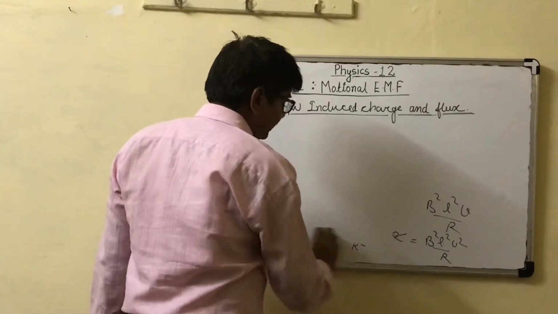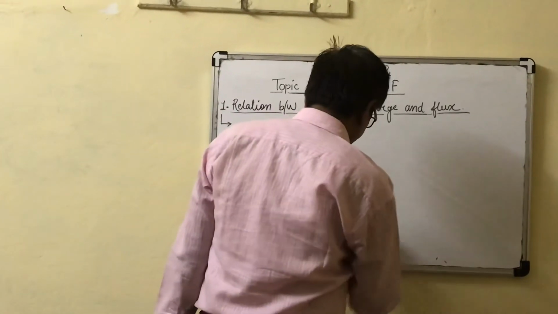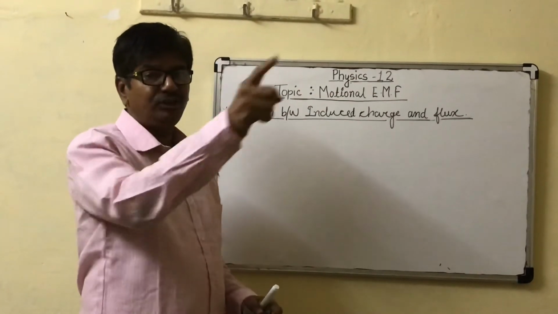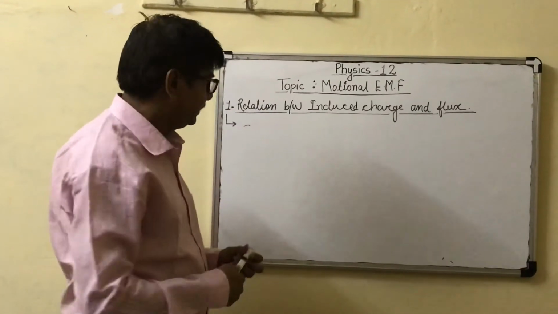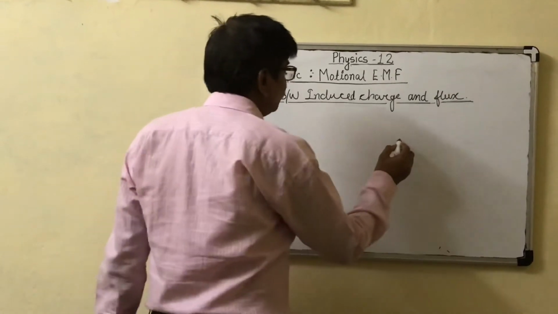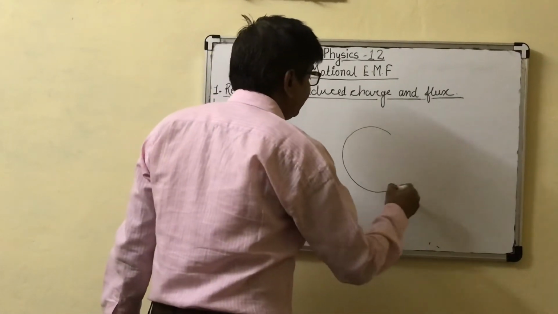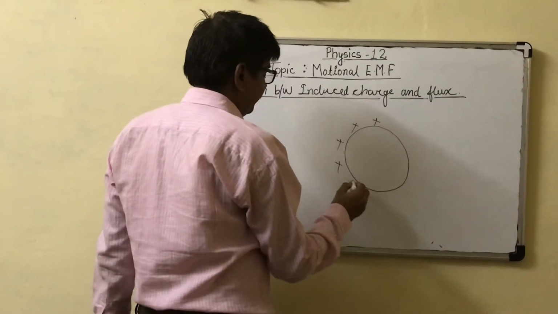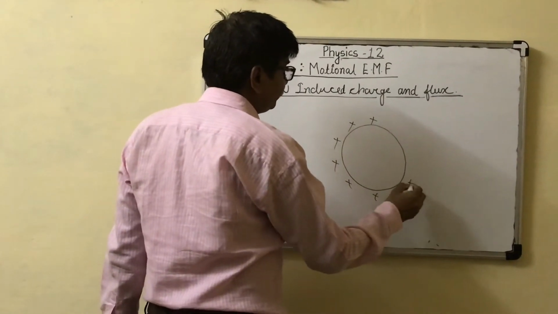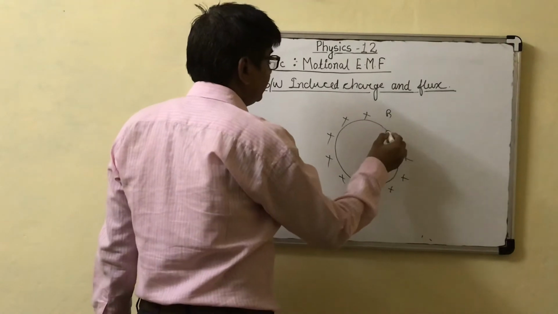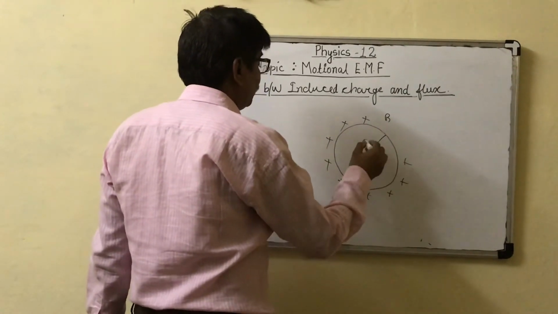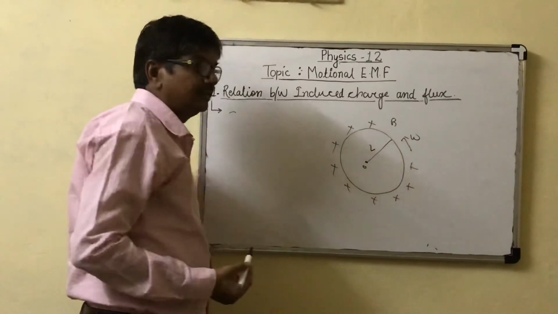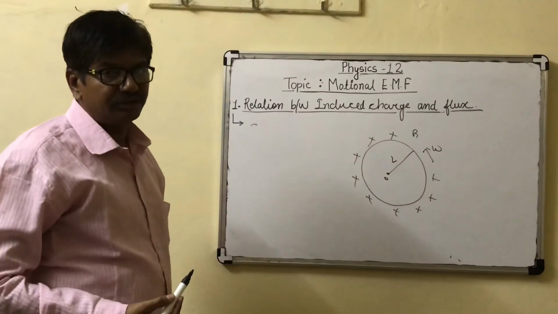Now a very simple question. A metallic rod of length L is rotated in a uniform magnetic field B with angular velocity omega. This is a rod of length L moving with angular velocity omega.